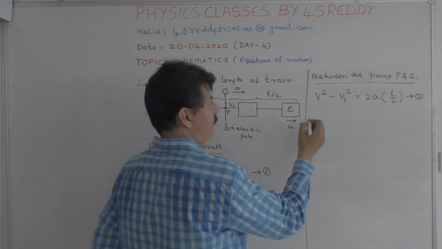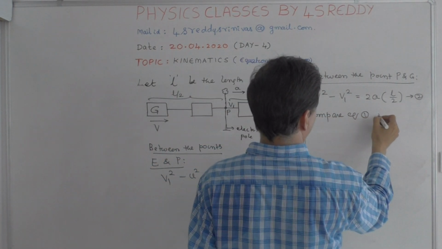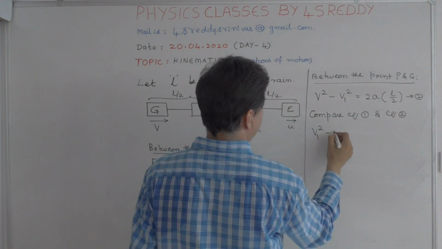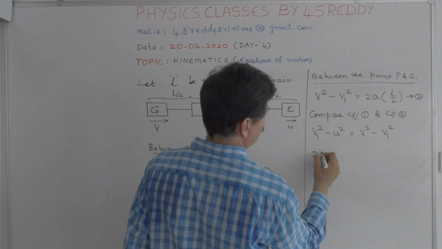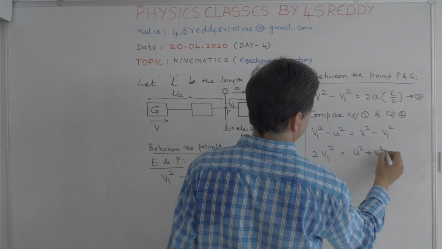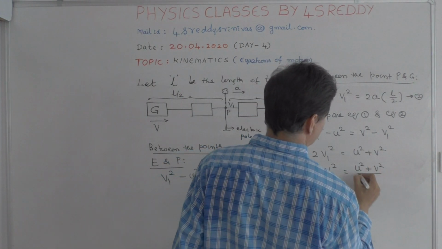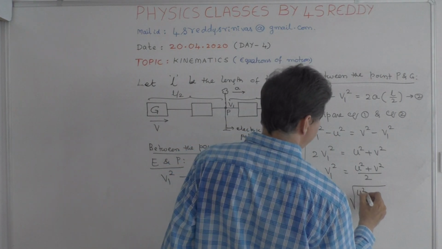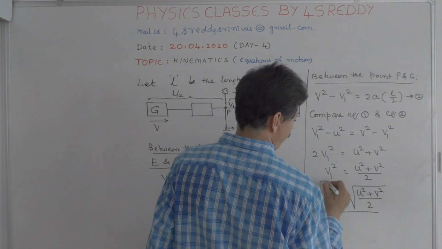So compare equation 1 and equation 2. Then v1 square minus u square is v square minus v1 square. So 2v1 square is u square plus v square, or v1 square is (u square plus v square) by 2, or v1 is root over (u square plus v square) by 2.